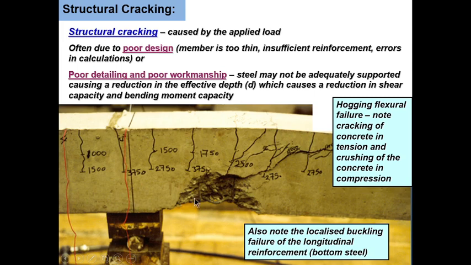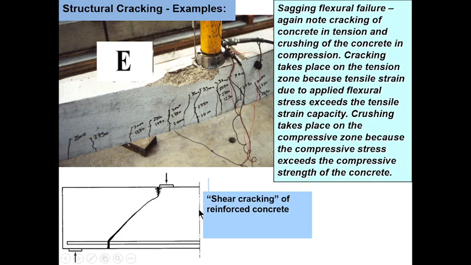You can see the crushing of the concrete. This is caused because the applied flexural load is higher than the compressive strength of the concrete. Also note the localized buckling failure of the longitudinal reinforcement at the bottom steel. You can see this is buckling failure. The reinforcement failed. So these are structural cracking.